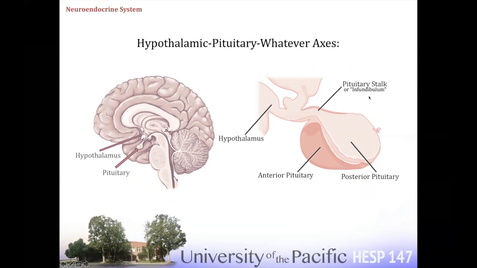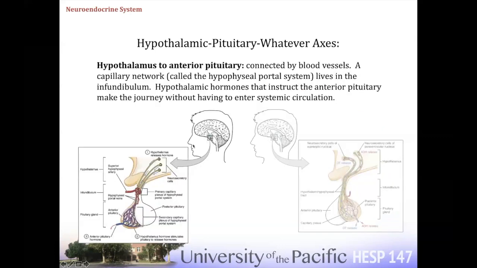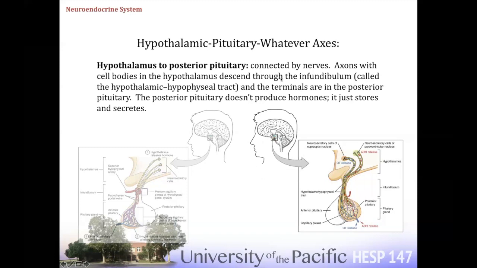Sometimes people will say the infundibular stalk, but whatever, this thing. And this is that point of connection between the anterior, where those blood vessels live, and the posterior, where those nerves live, the infundibulum. And so the nerve terminals are in the posterior pituitary.